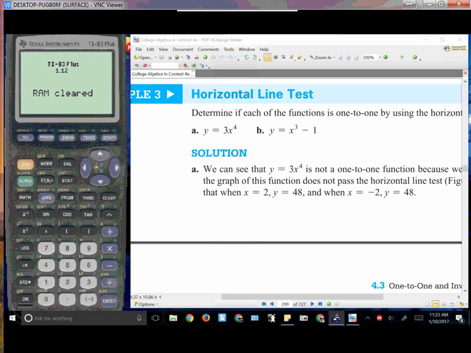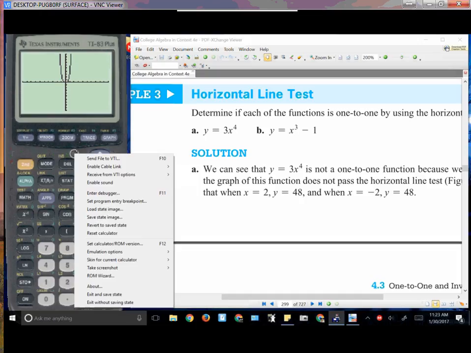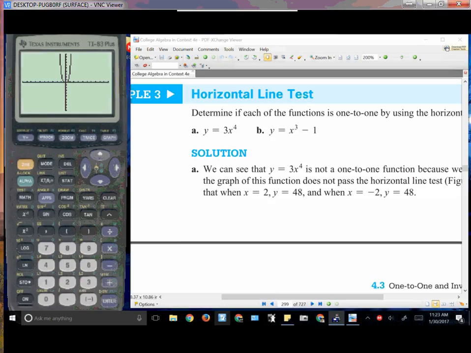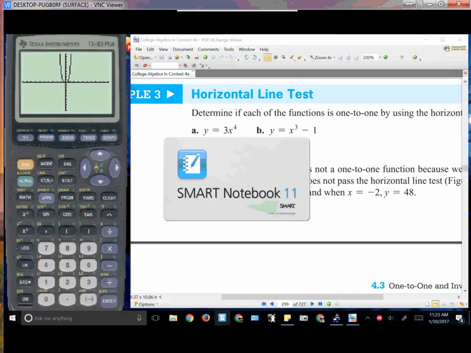Okay, so I'm going to put in 3x to the 4th power. Graph it. Let's see. Take a screenshot.